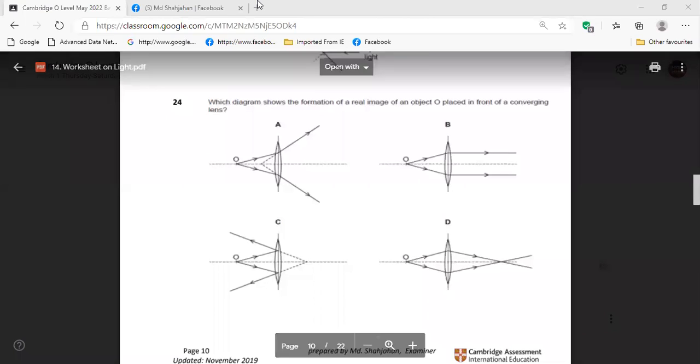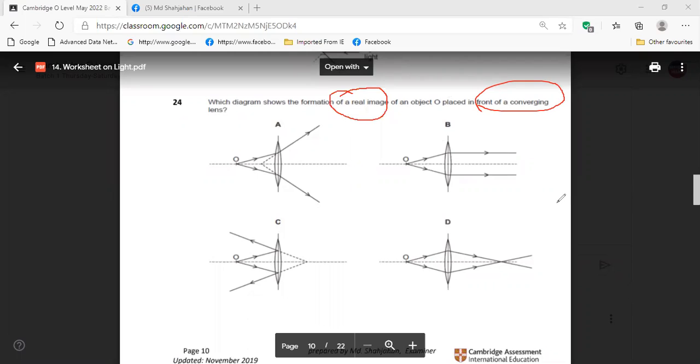So here we have very important information in the question, that is real image. We will see there will be a real image and O in front of the converging lens. So these two pieces of information are helping us to get the correct answer.